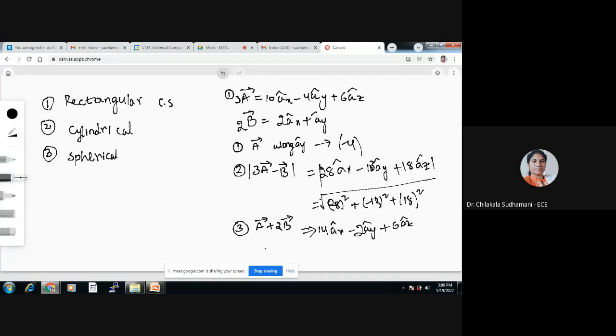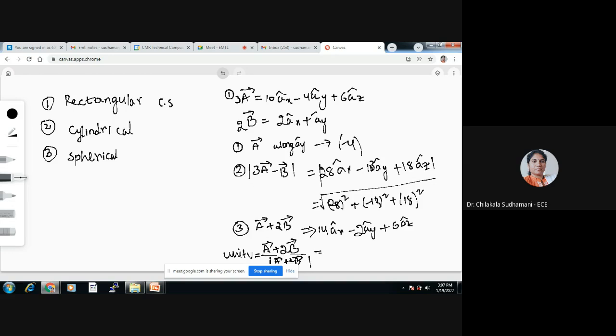The unit vector in this direction is calculated as: first write the given vector, divided by its magnitude, which gives the unit vector. Whatever the given vector, first find it, then divide by its magnitude.